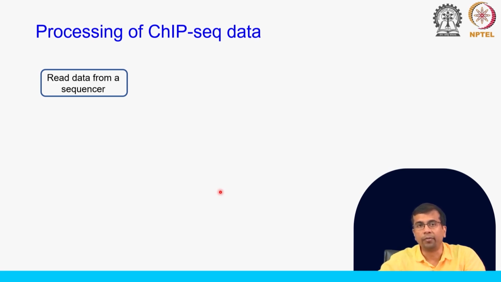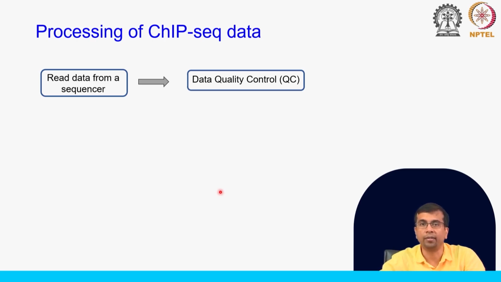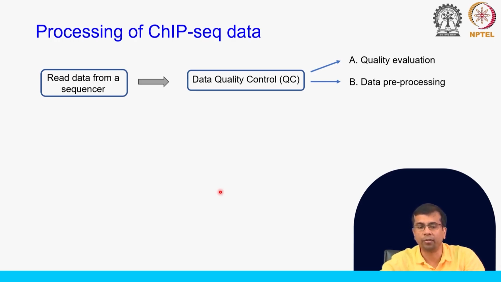The first step that we have to do once we get the read data is data quality control or QC, and this can be done in two different ways. One is quality evaluation and the other is data pre-processing. There is an elaborate data quality control process for all the data that we get.